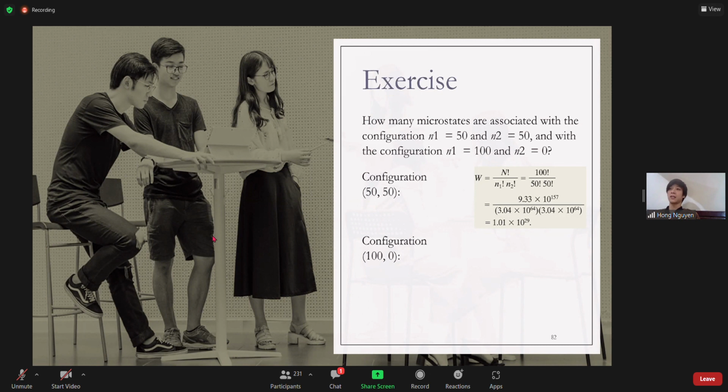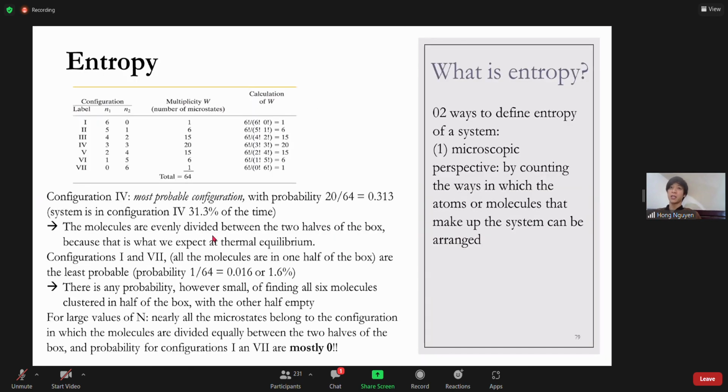So you just have to understand it. It doesn't matter whether you can calculate it or not. Good. In this way, you can explain why.